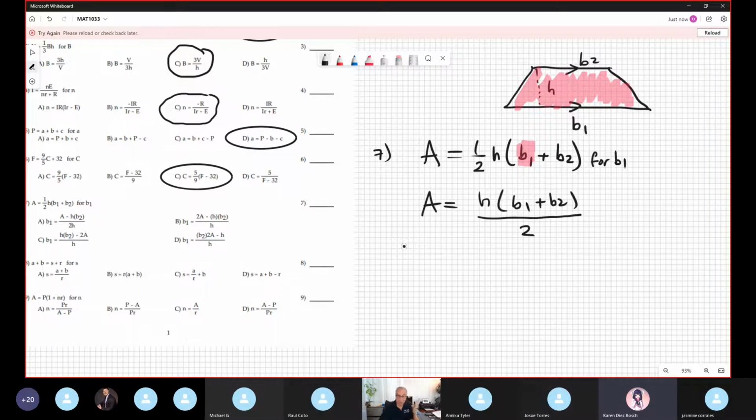Yes, cross multiply. This 2 multiplied by A, and this h multiplied by the invisible 1 that we have here. Of course, I don't touch b1, b2. So it's 2A over h is equal to b1 + b2.